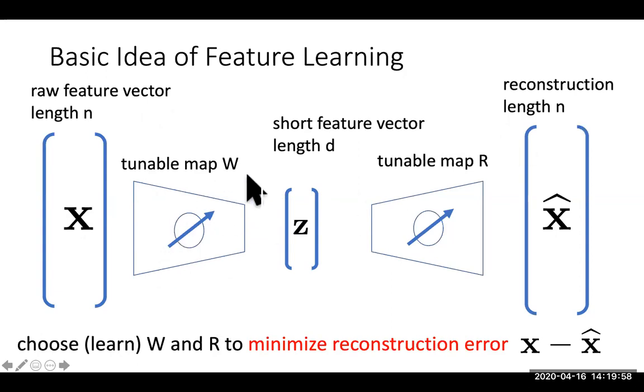Choose the tuning parameters, or the weights, of this map such that the minimum reconstruction error achievable from this compressed feature is minimum. And so this is again an optimization form of a learning problem. So also feature learning amounts to solving an optimization problem.